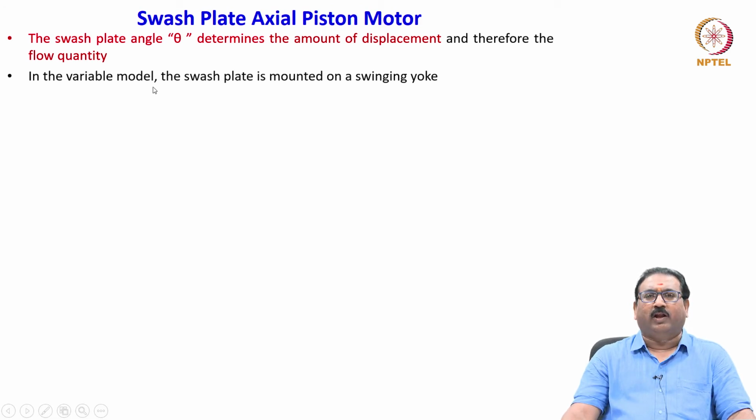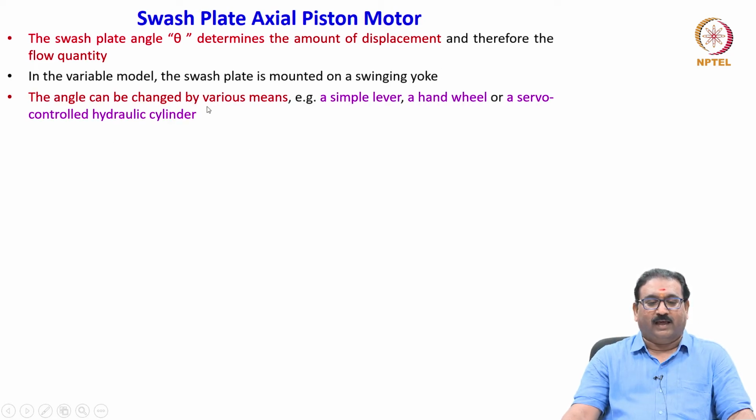In the variable model, the swash plate is mounted on a swinging yoke. The angle can be changed by various means, that is, using a simple lever or a hand wheel or servo controlled hydraulic cylinders.